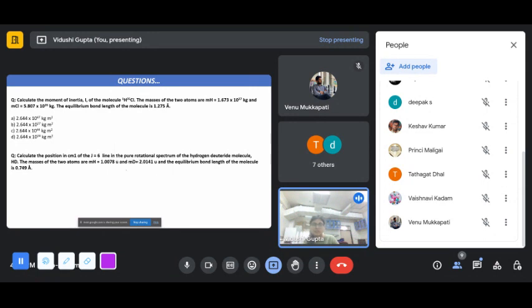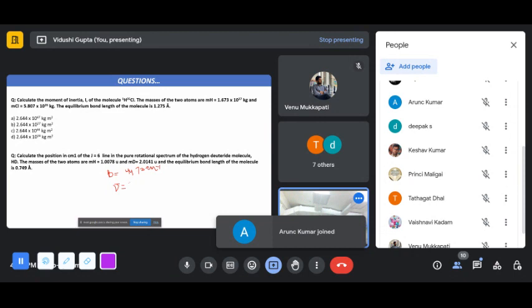So the value of B will be 44.73 centimeter inverse. That's B. So the position will be 2B, J plus 1.